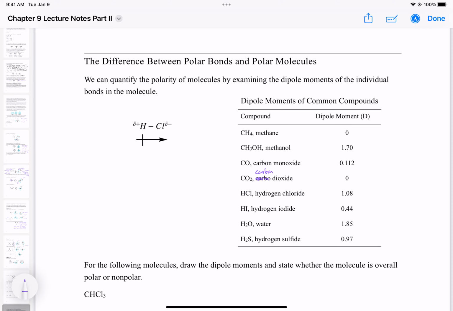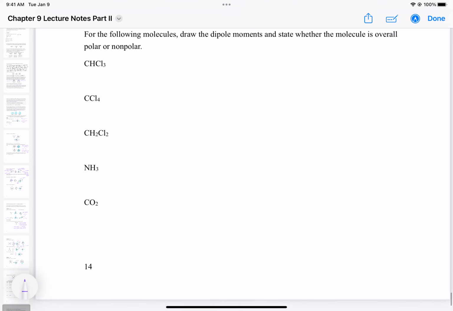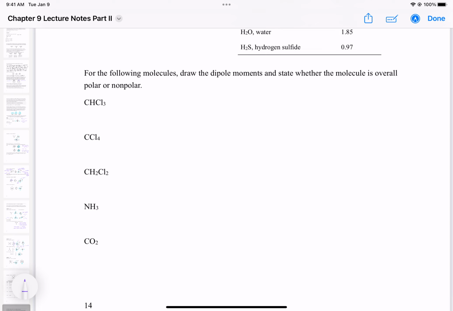And as you go to less electronegative atoms, the dipole decreases. You see here, water and methanol have two of the highest dipole moments, and they're commonly used as polar solvents for that purpose.